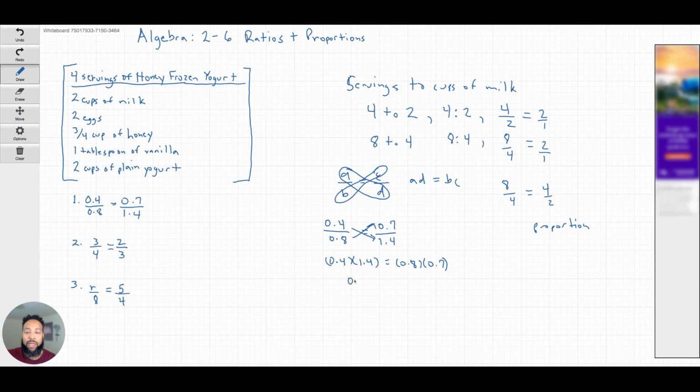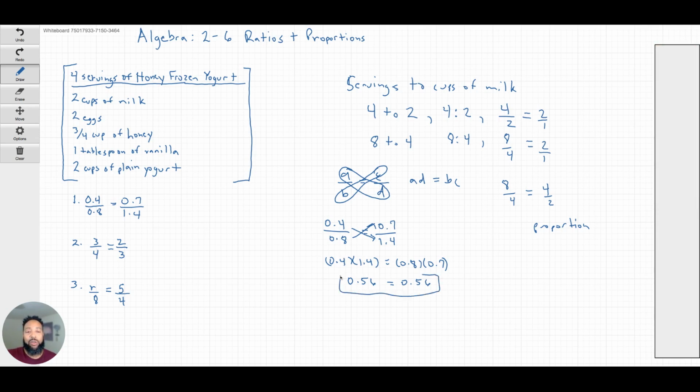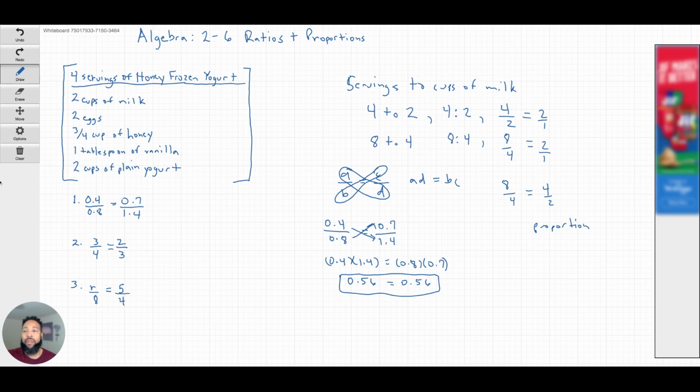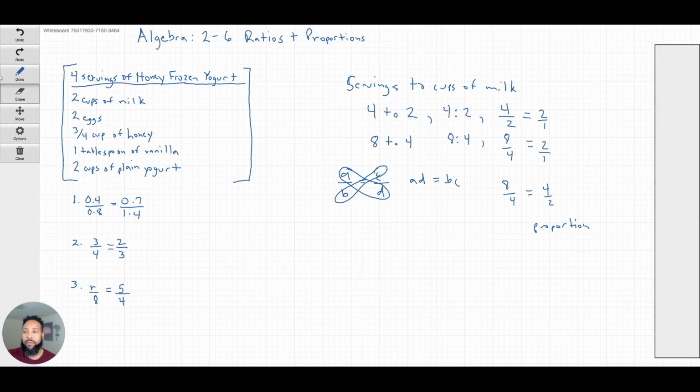If we multiply 0.4 times 1.4, your answer would be 0.56. Also here, 0.8 times 0.7, 8 times 7 is 56 as well. So your answer here would be 0.56. So when you look at 0.4 over 0.8 and 0.7 over 1.4, these are proportional to each other because they're set equal. So now let's look at the second problem.